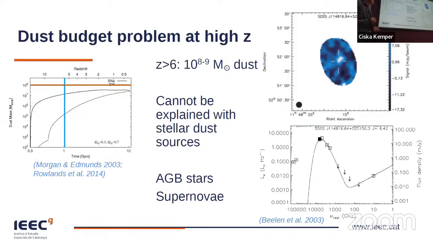If you include supernovae as well, your situation gets a bit better, but you have to have very efficient dust production in supernovae and none of the destruction to get sufficiently high, but then still you're about an order of magnitude away. So this is a real problem. It persists to this day.